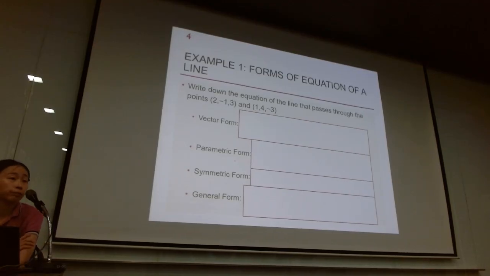Be careful. This one defines a line, and here is a line. It's not a vector. The hint I give to you is that a vector has no location. A vector is just a direction and size. But a line has location.